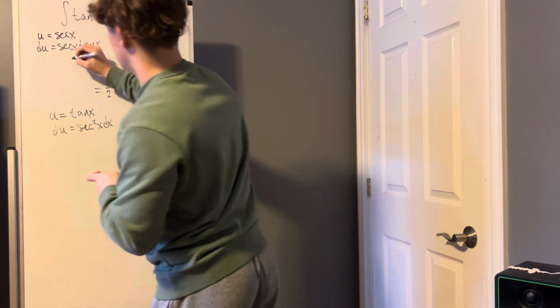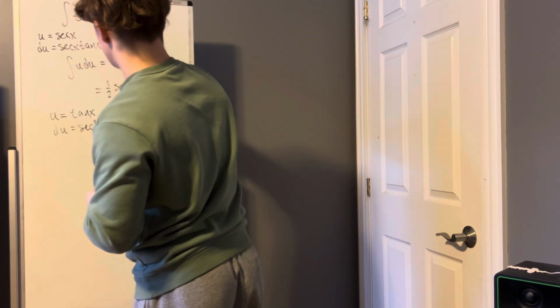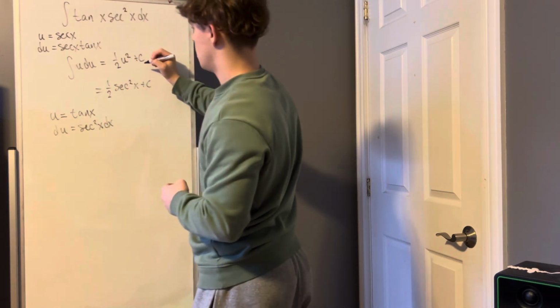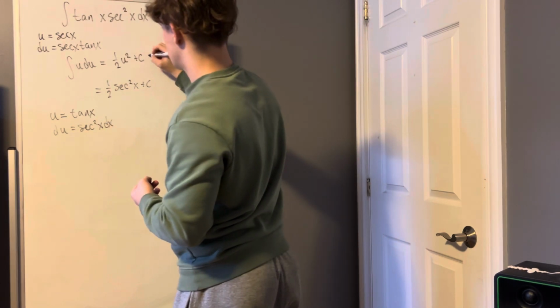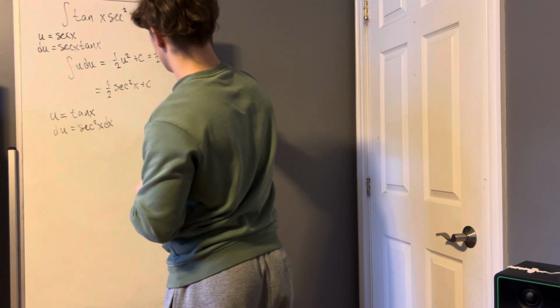We're going to get the integral of u du, again, which is 1 over 2 u squared plus c. But our u in this case is tan of x, so we get 1 over 2 tan squared x plus c.